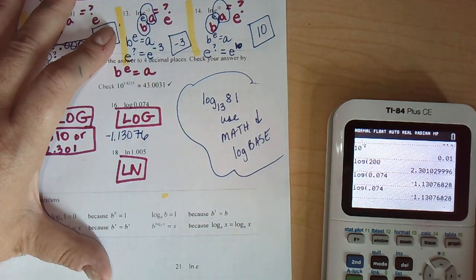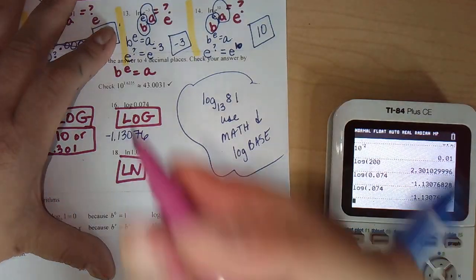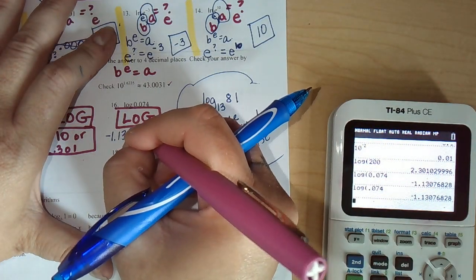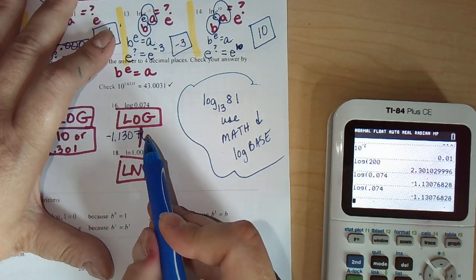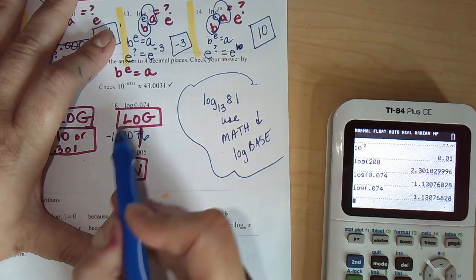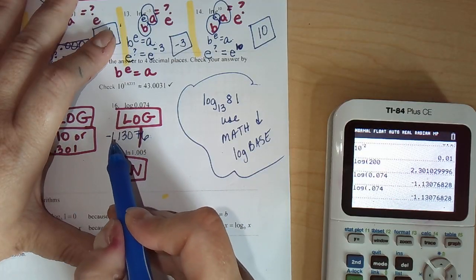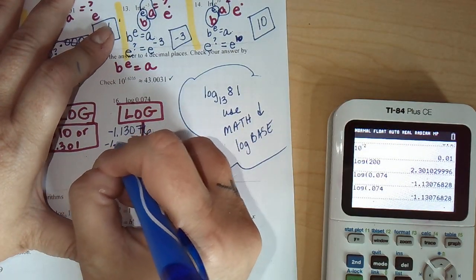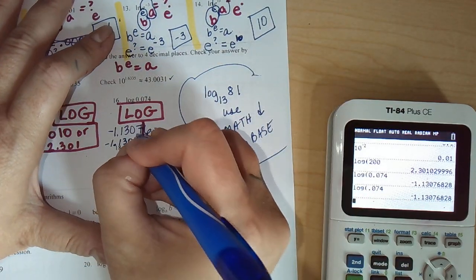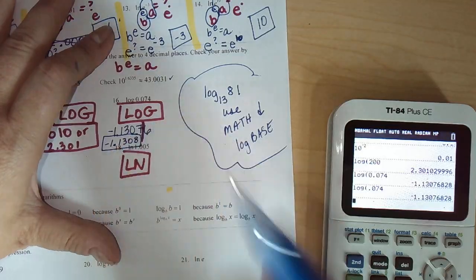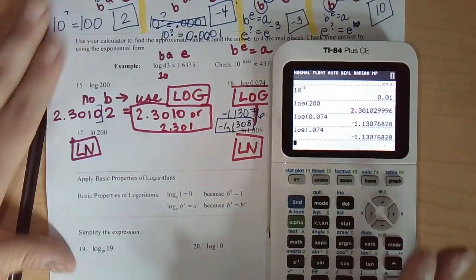Okay, and I want to round to 4 spots. This 6 is in the 5th, and 5 or more, you up the score. So this is going to go from negative 1.1307 to 0.8. Okay.